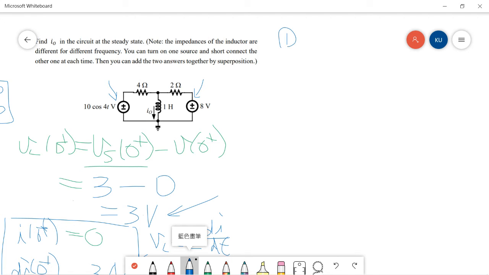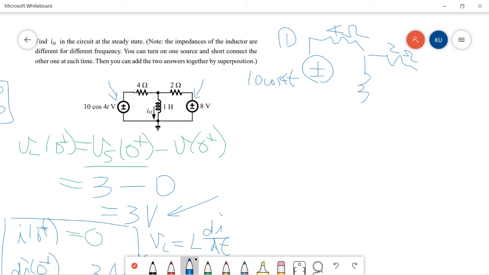The first one is we can just switch on this one, so it is 10 cosine 4t, and then this is 4 ohm, this is 2 ohm, and then this is an inductor. So we just short connect this one.